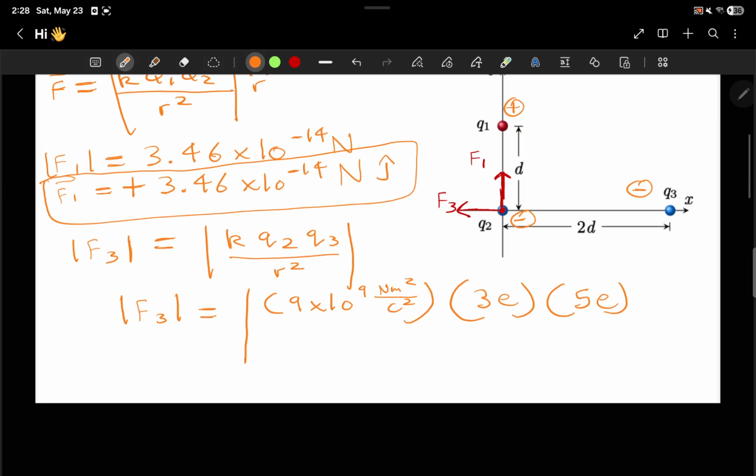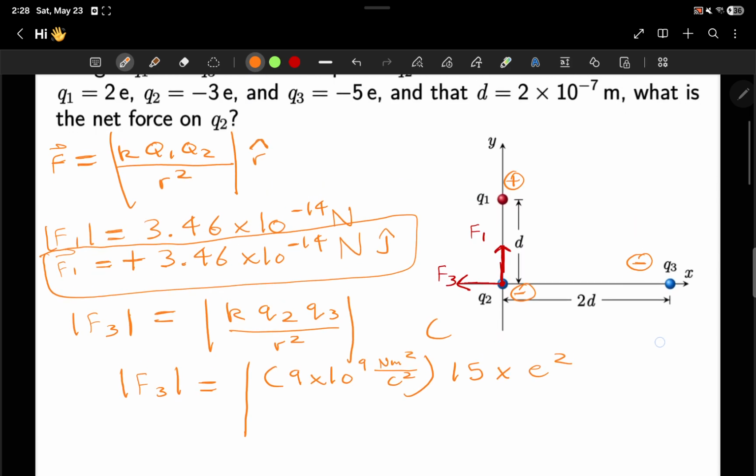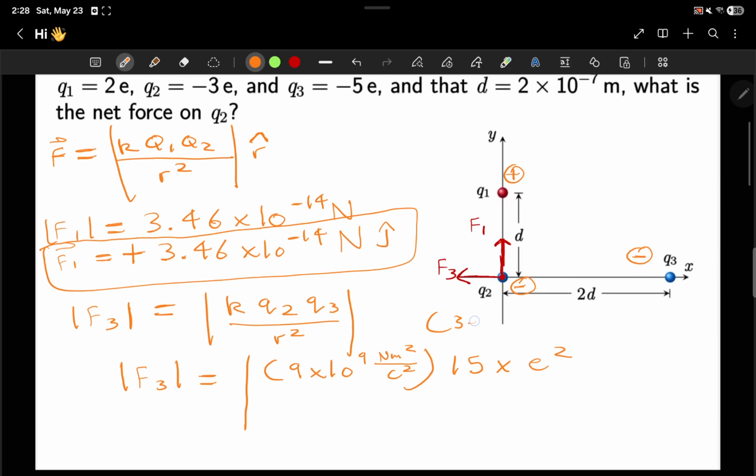Again, remember, we're working with magnitude, so the signs of these two charges become positive. And we do 5 times 3, which is 15, times e squared, because we were doing 3e times 5e. So when we multiply the e's together, it becomes e squared.